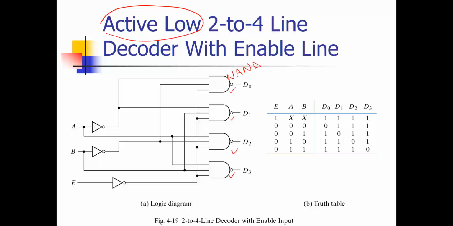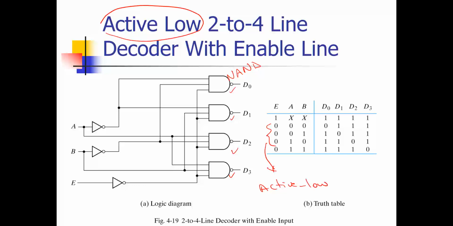Also notice that he's using an enable here. Whenever this enable is active, he would. Okay, so let's just say here is this enable, actually we call it an active low enable in this particular case.